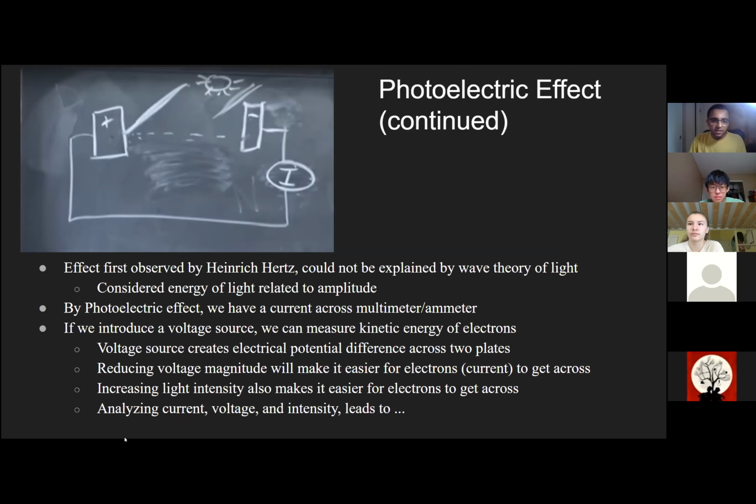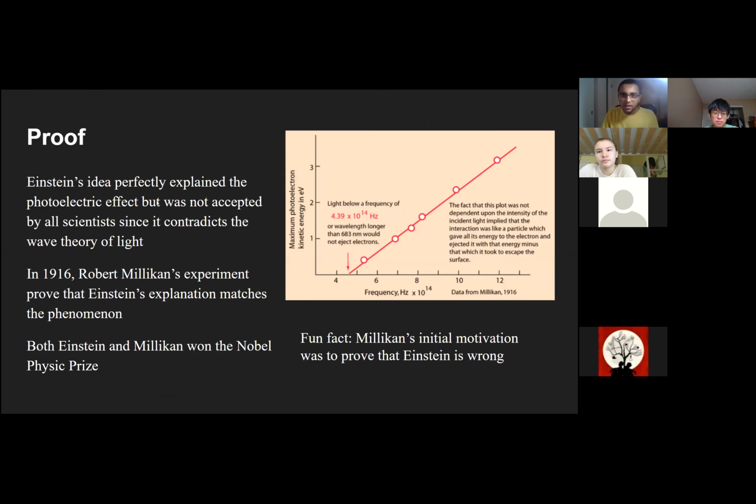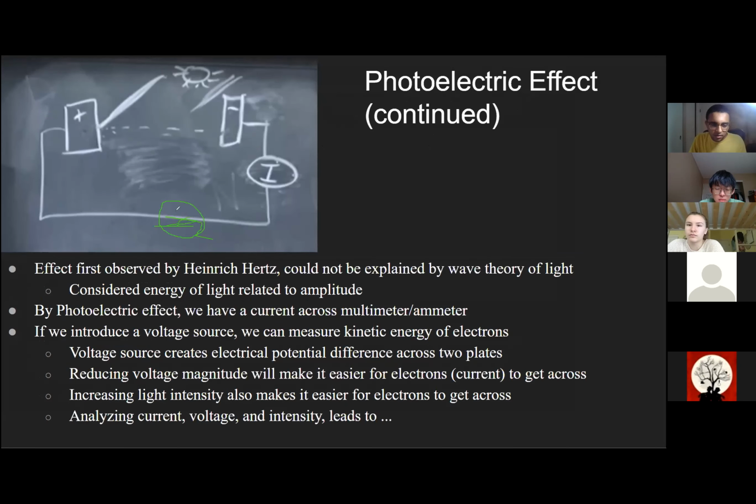All right. So if we introduce a voltage source, can we annotate on the slides? I think we can. No, we can't. All right. So is that visible? You need to go back to slide 9 because it's a small mistake on slide 9. All right, let's go back to slide 9.